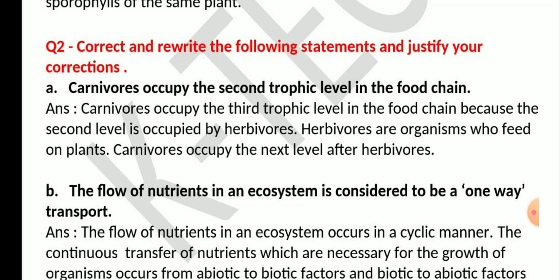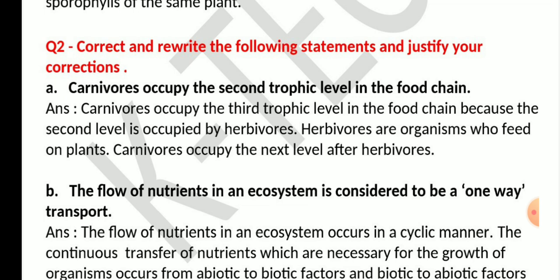Next is correct and rewrite the following statements and justify your corrections. We need to say, is the statement correct? First one. Carnivores occupy the second trophic level in the food chain. Answer. Carnivores occupy the third trophic level in the food chain because the second level is occupied by herbivores.